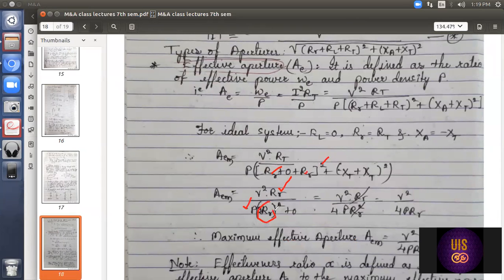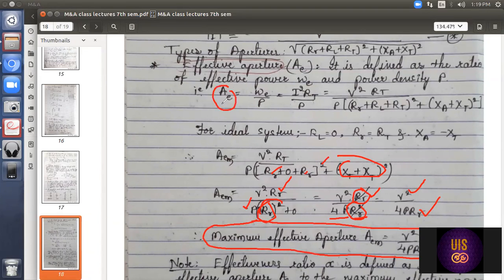So 2RR whole square, plus this will go 0. V square by RR divided by this 2 square will become 4. P I have kept as it is, RR square. So numerator we have 1 RR, denominator RR square, 1 gets cancelled, V square by 4P RR. This is the maximum effective aperture AEM.